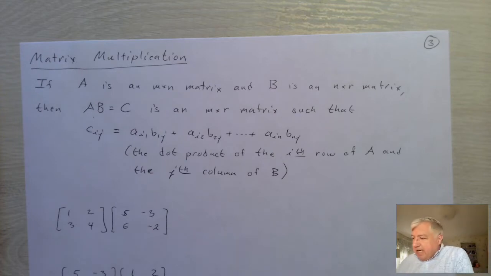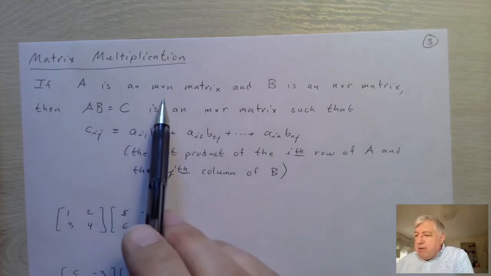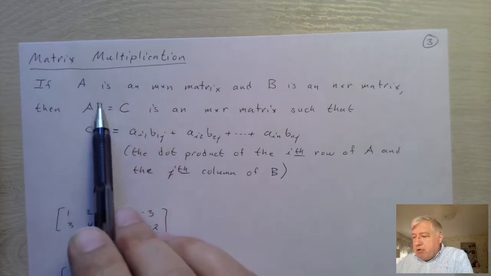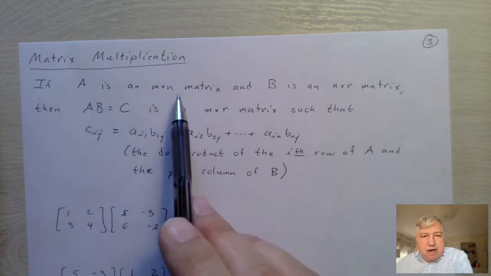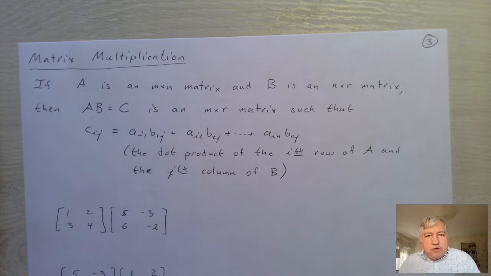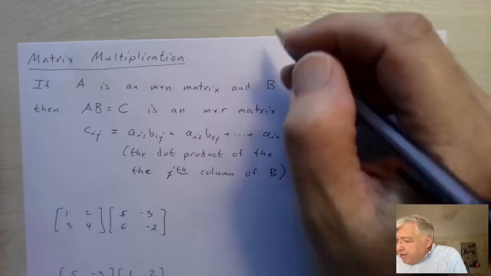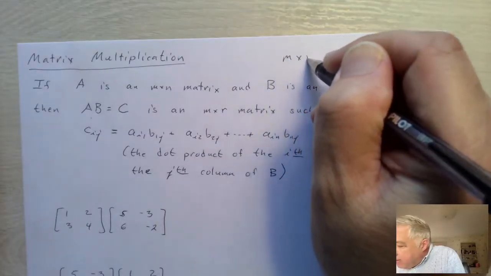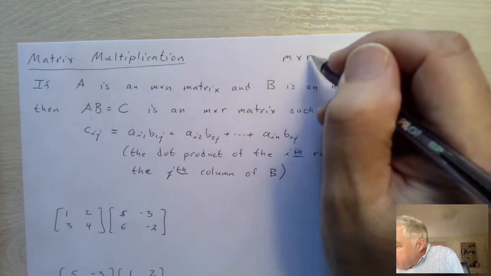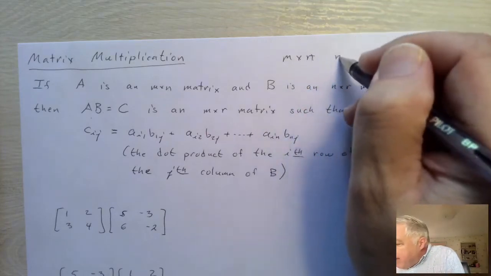And basically, this product only makes sense if the number of columns in the first matrix is equal to the number of rows in the second matrix. So you have to have an m by n and an n by r.